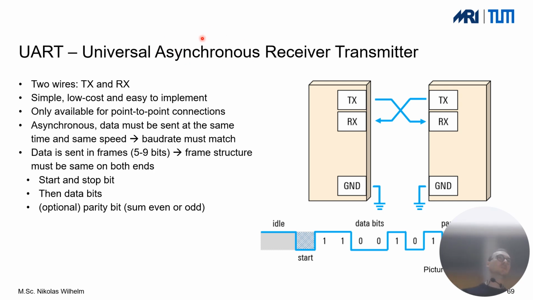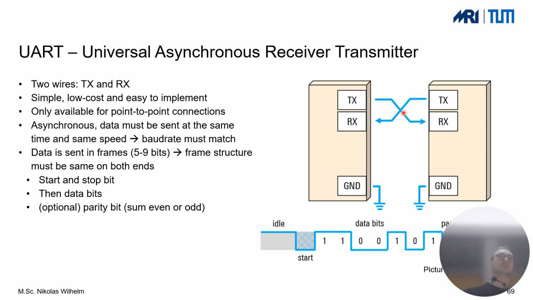If we do not know the other system's time, we need to set everything in advance. If both systems know that they should operate at a certain frequency, then this communication can work, but you need to predetermine that in advance. But then the actual communication is quite simple.